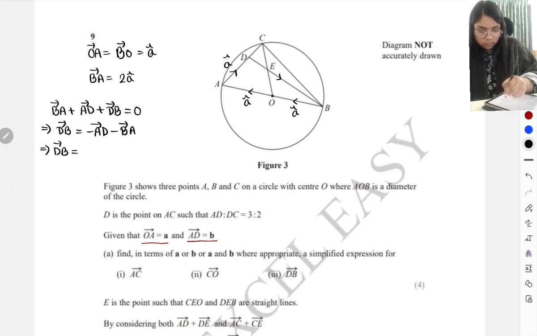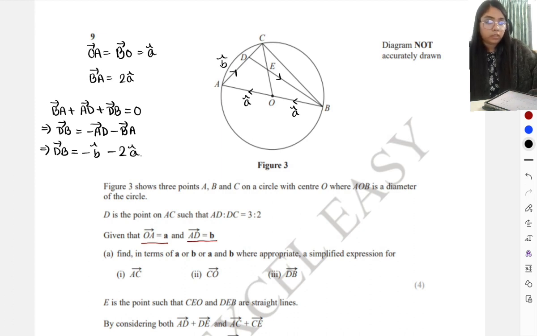Minus AD was just minus A, and minus BA is minus 2... Oh wait, sorry, this was supposed to be B, right? The value for AD was B, not A. In that case, you have this minus B in front and negative 2A. Right, so this is the length for DB. I hope this is clear. We'll be moving on to the next part.